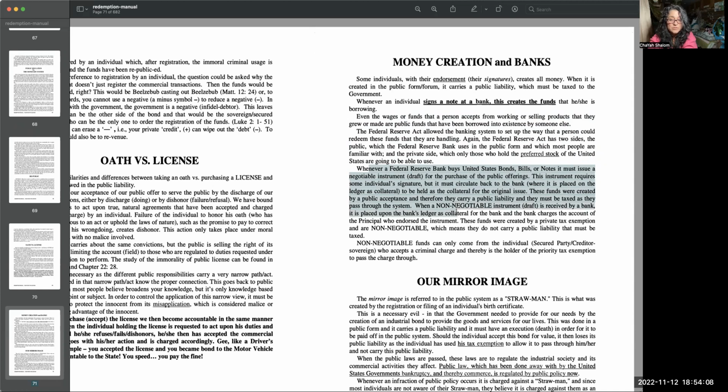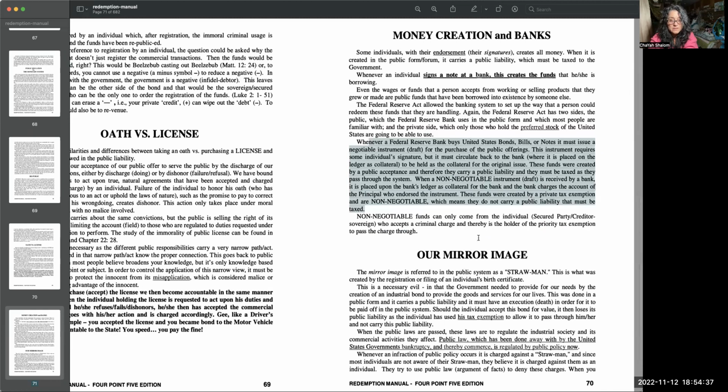When a non-negotiable instrument draft is received by a bank, it is placed upon the bank's ledger as collateral for the bank, and the bank charges the account of the principal who endorsed the instrument. These funds were created by a private tax exemption and are non-negotiable, which means they do not carry a public liability that must be taxed.